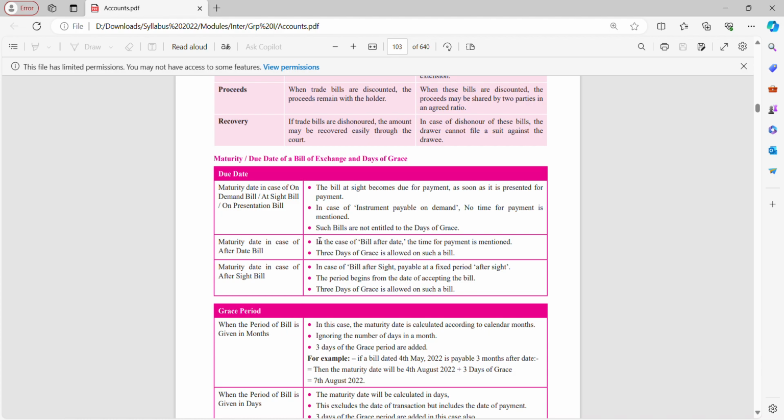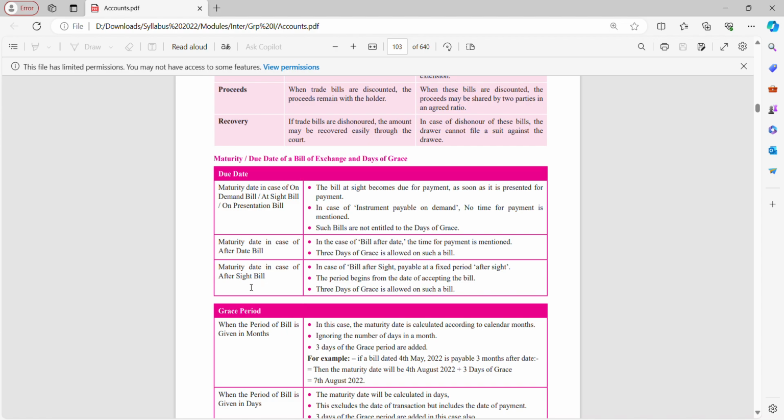See, here they have mentioned such bills are not entitled to days of grace. So which bills are not entitled for grace days? At sight. Sorry, after date bill requires 3 days of grace.